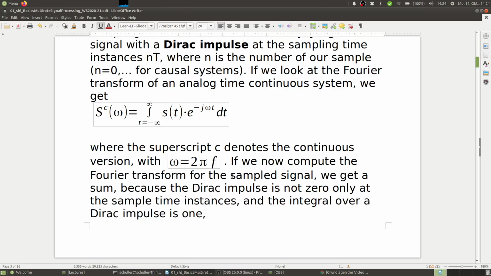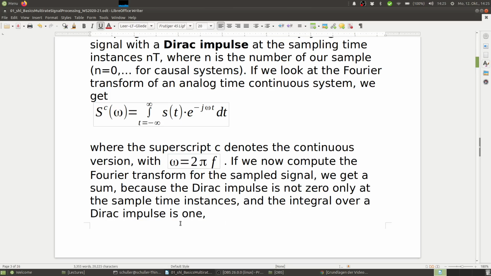Yeah, if we now compute the Fourier transform for the sampled signal, we get a sum because the Dirac impulse is not zero only at the sample time instances, right? So if this t only lives in multiples of capital T, then this integral turns into a sum, right?